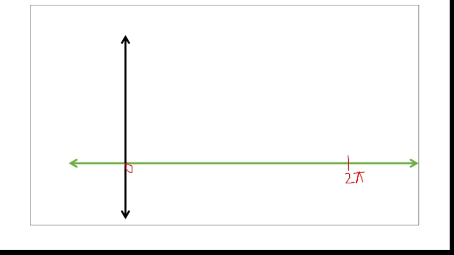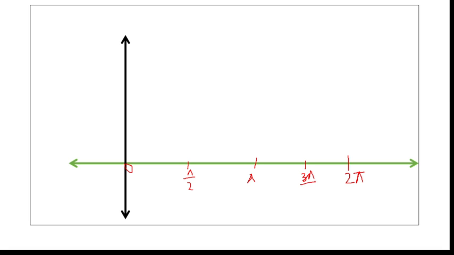This is 0 degrees, this is 2 pi, and in the middle of 0 and 2 pi is 180 degrees, which is pi. This is pi over 2, and the difference between these two is 3 pi over 2, and here 3 pi over 2.